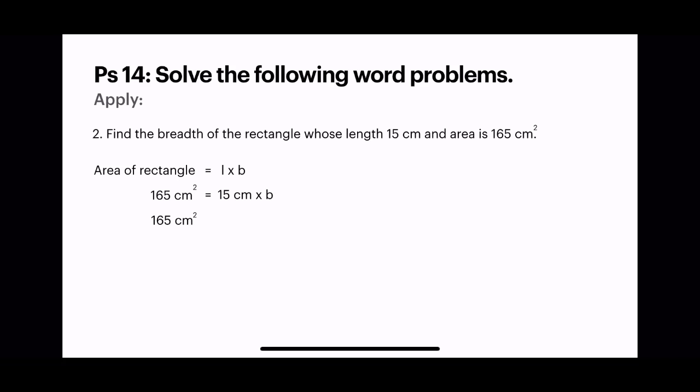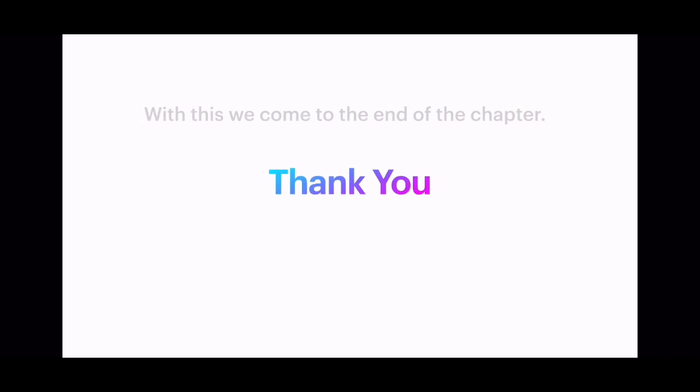So breadth is equal to 165 centimeters squared divided by 15 centimeters. Now dividing 165 by 15 gives you 11. So breadth is 11 centimeters. With this, we have come to the end of the chapter perimeter and area. Thank you.